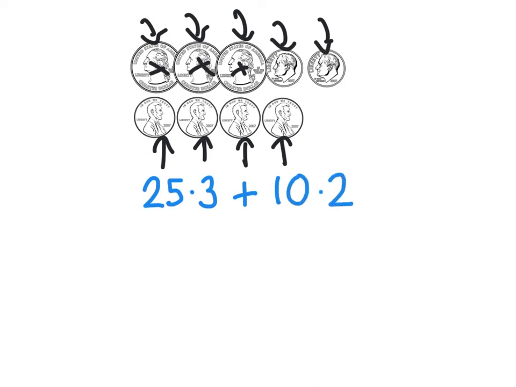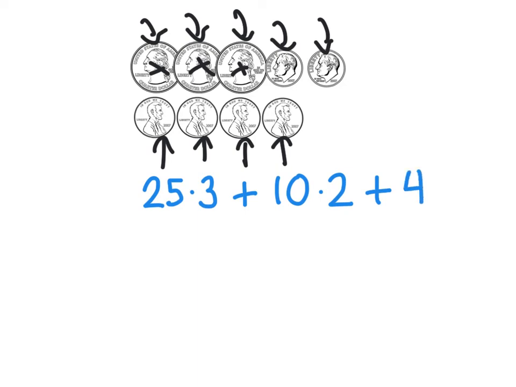All right, so let's see how you did. There are 1, 2, 3 quarters. Now, a quarter represents 25. So 25 times 3 plus, there are 2 dimes, so that's 10 times 2, and there are 4 pennies, so 4 times 1 is just 4.